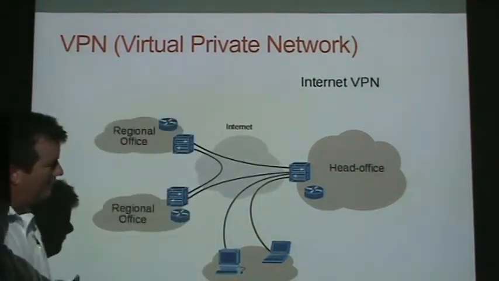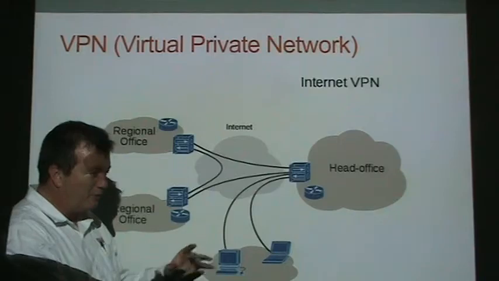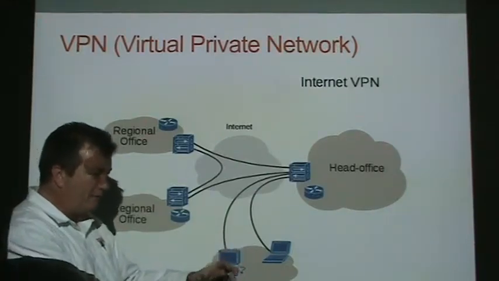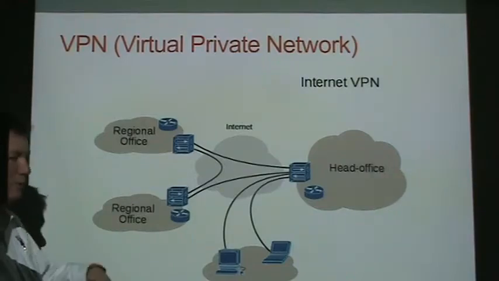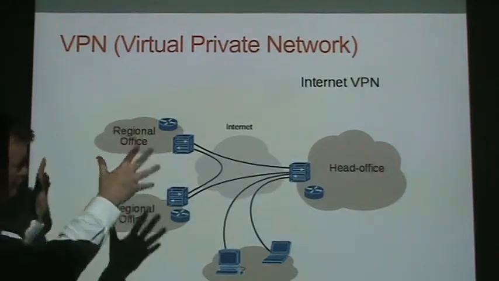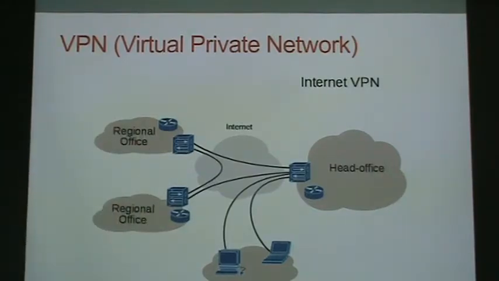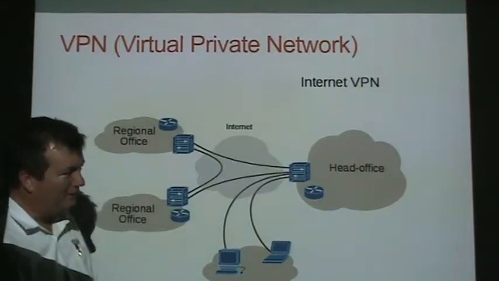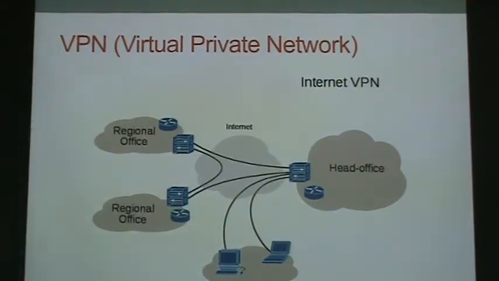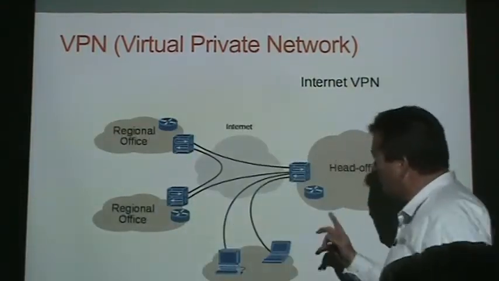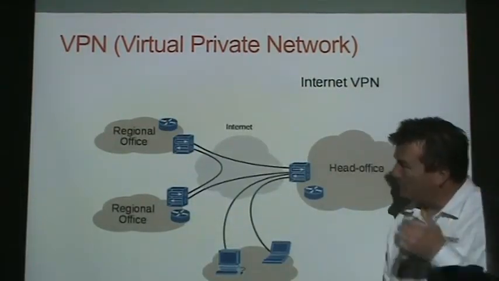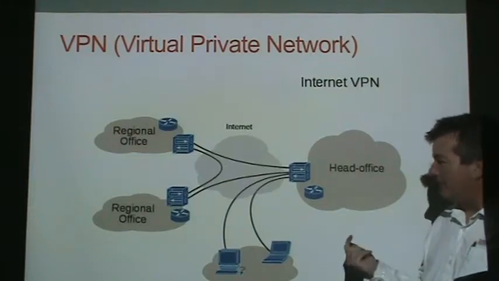But what if the people we wanted to keep in our private network, our LAN, our local area network, weren't local? What if they were spread all around the world, but we still wanted to have the feel of a local area network? So what we can do is create what they call a virtual private network.